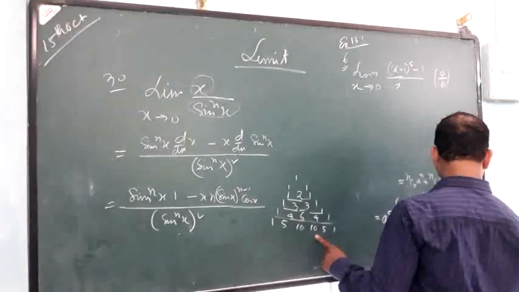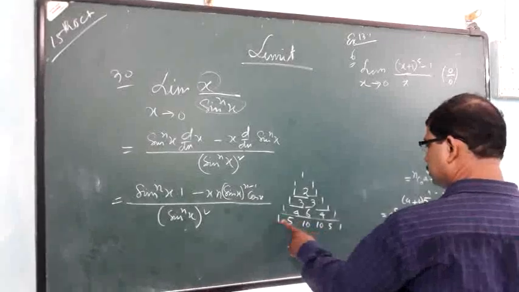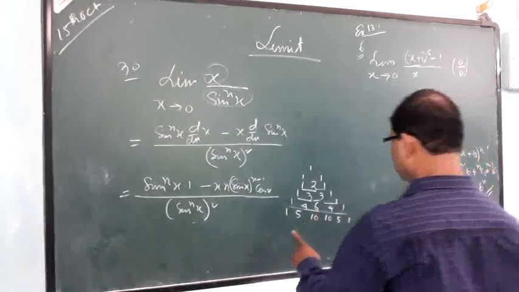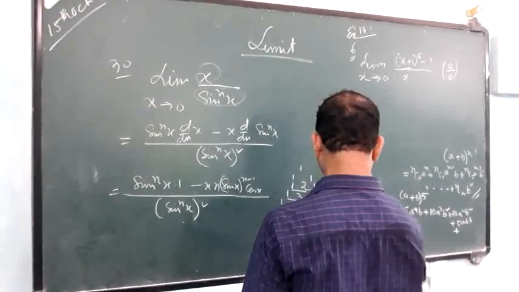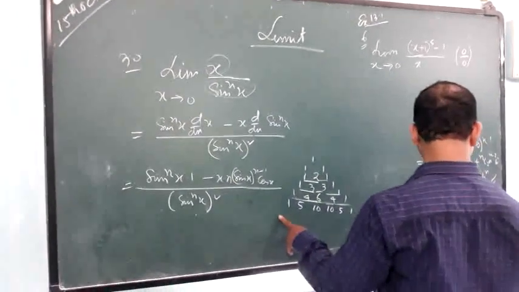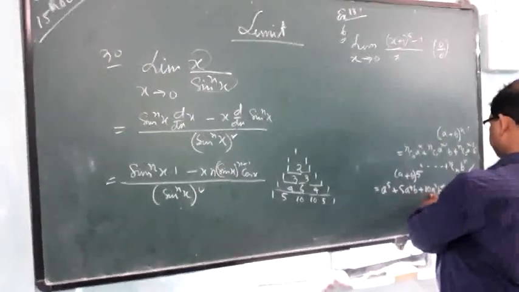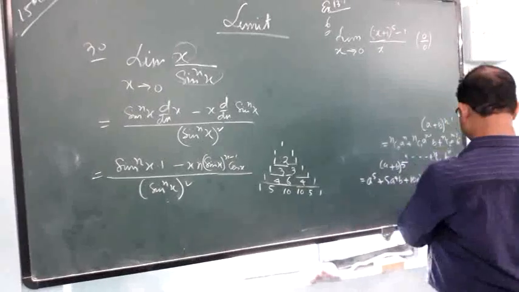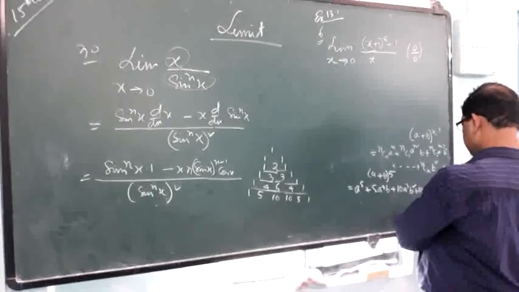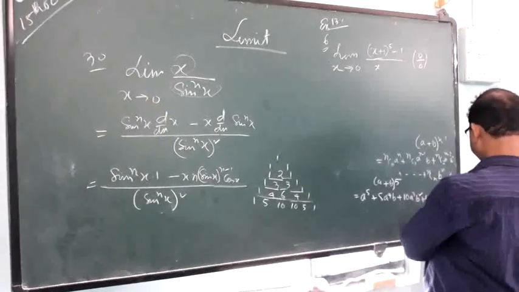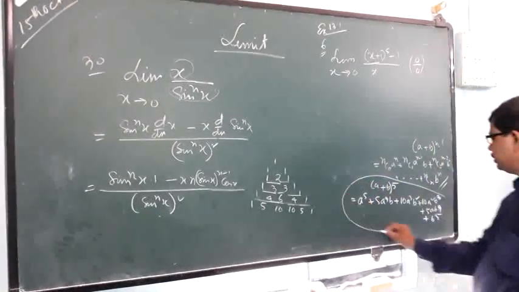Then 5 a b to the power 4. Then b to the power 5. So I think 1, 5, 10, 10, 5, 1. Have I missed anything? Are you agreed with these values?